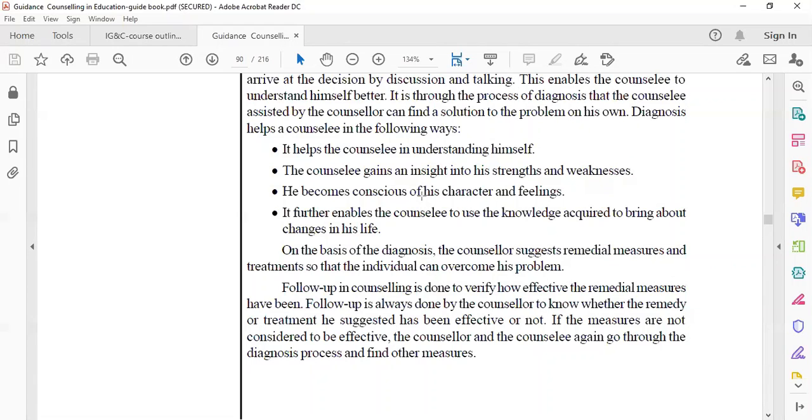Suppose I am asking about the opinion or perception of a student about any problem or phenomena in the school. When I ask about perceptions or opinions, he will try to describe.